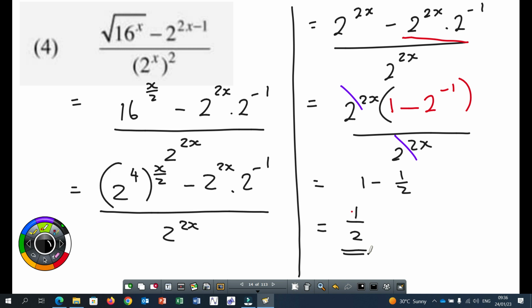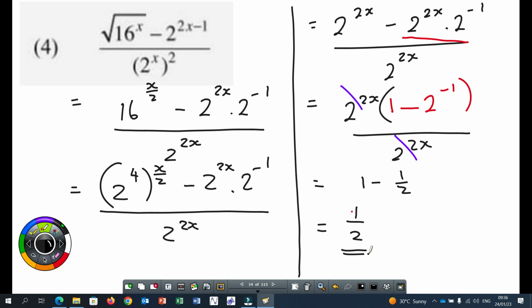How many of you got a half as your answer? If you didn't get a half, what answer did you get? You can't get negative a half because 1 is greater than a half. You can't get a negative answer there.